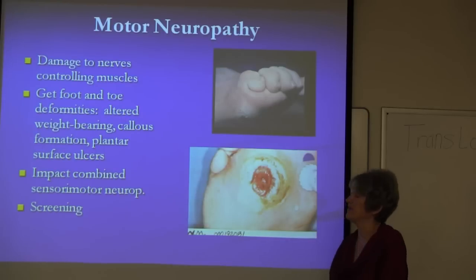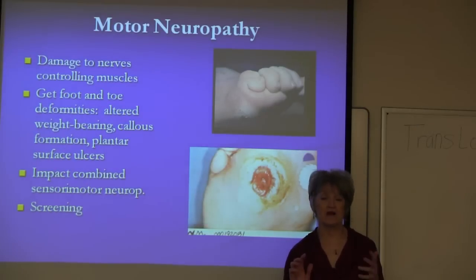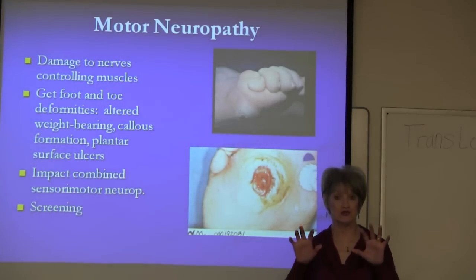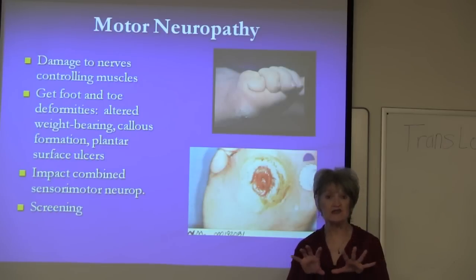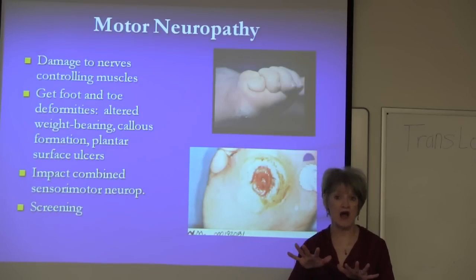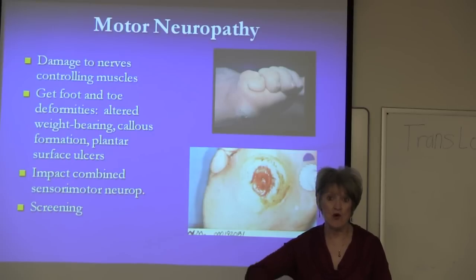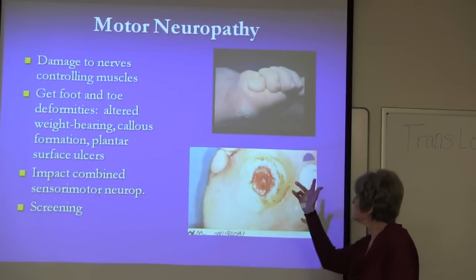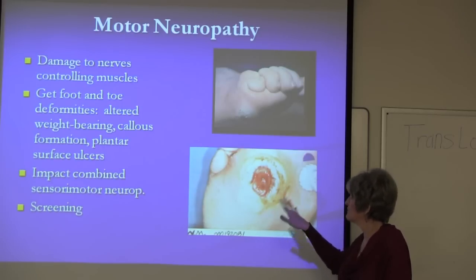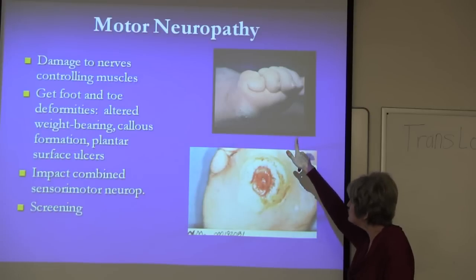What about motor neuropathy? Motor neuropathy involves damage to the nerves that control the muscles. The muscles in the foot maintain normal contours of the foot and the toes and maintain normal weight bearing. So when you get damage to the motor nerves, then you get alterations in foot contours.